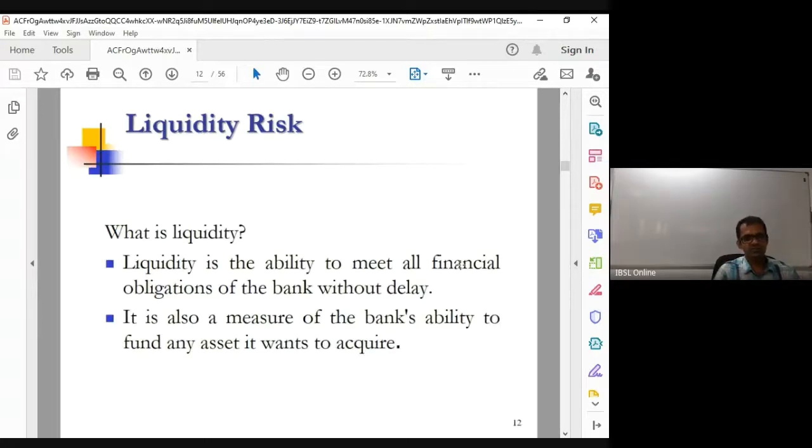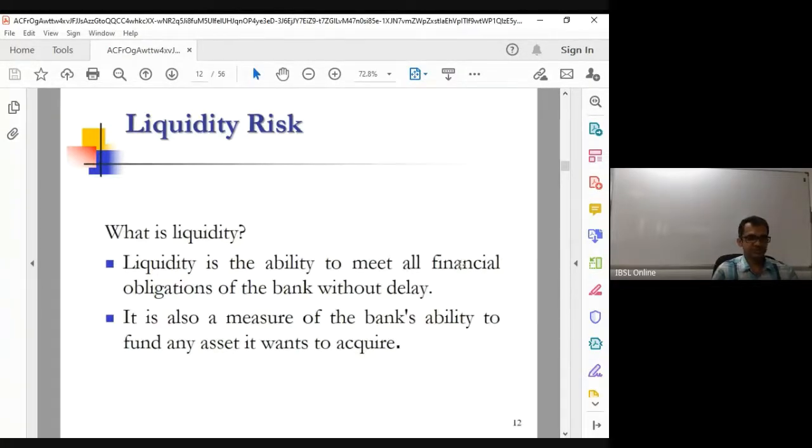There may be a lot of other operational activities, and the bank or the financial institution is supposed to pay that, rent maybe for the building, things like that. All those are financial obligations of the bank or the financial institution.